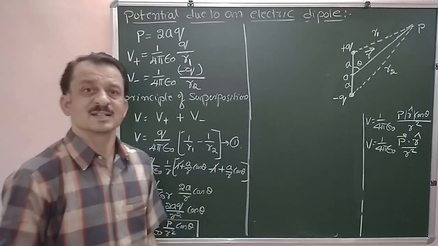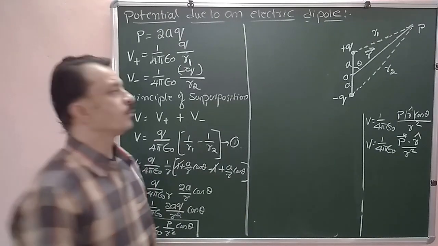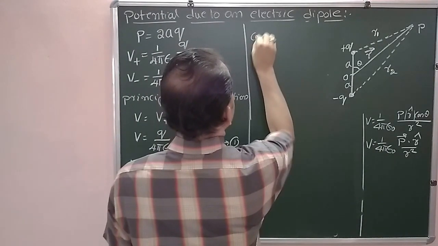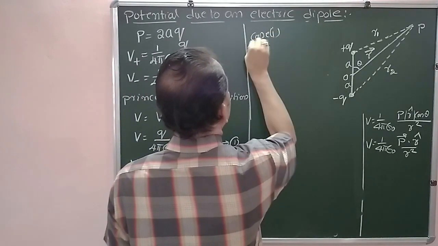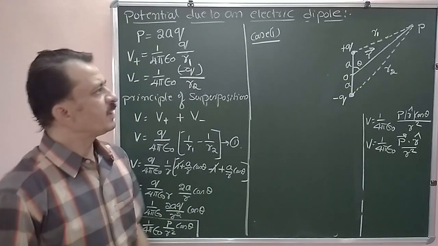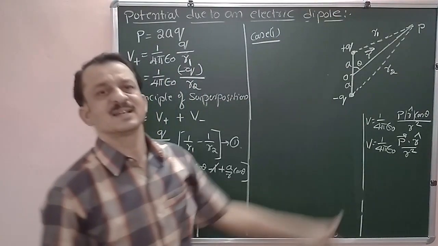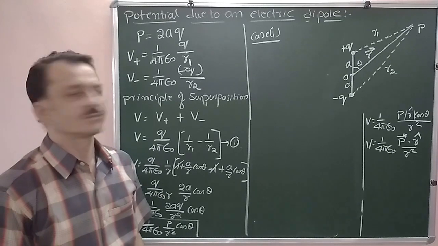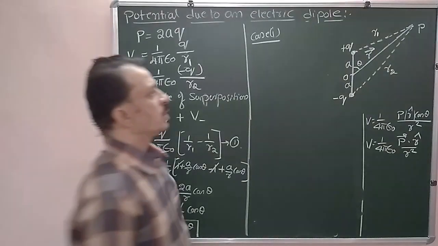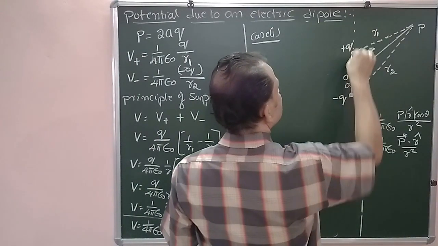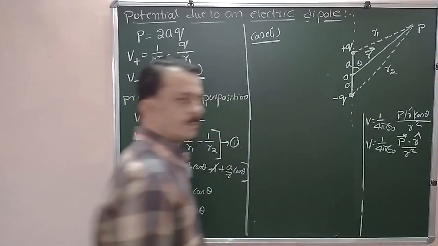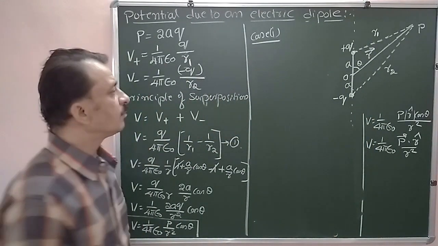Here we'll study two cases. Since we have taken an arbitrary point, let me consider case 1. If I take the point along the axial direction, what will be the expression for the potential?